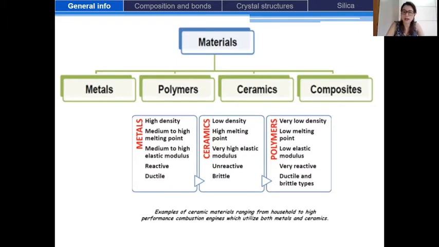They are very reactive, and we find both ductile and brittle polymers. And what about ceramics? Ceramics have a low density. They have a high melting point, a very high elastic modulus. They are unreactive and brittle.